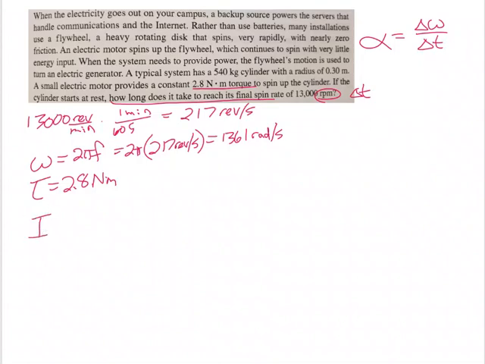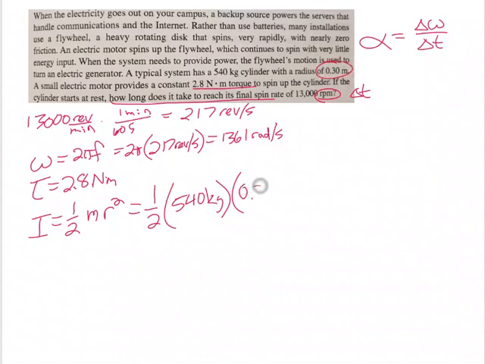So I equals 1/2 times the mass times the radius squared. So 1/2 times the mass, 540 kilograms, and the radius is 0.30 meters, and that's squared.